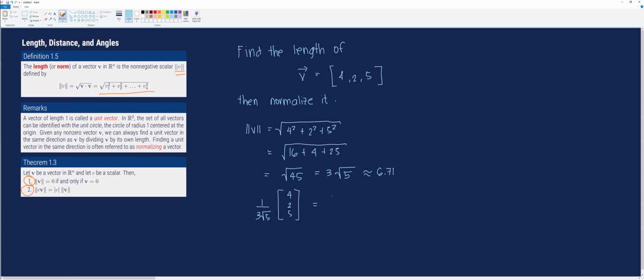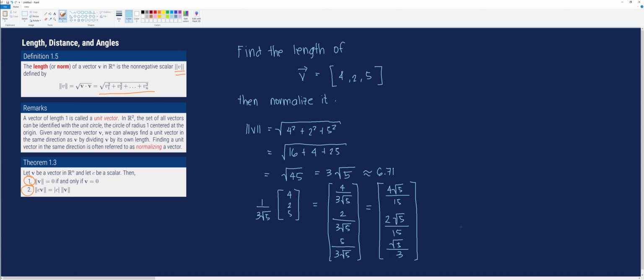We perform the operation and get the following components: 4 over 3 square root of 5, 2 over 3 square root of 5, and 5 over 3 square root of 5. Rationalizing each component, we get 4 square root of 5 over 15, 2 square root of 5 over 15, and square root of 5 over 3.